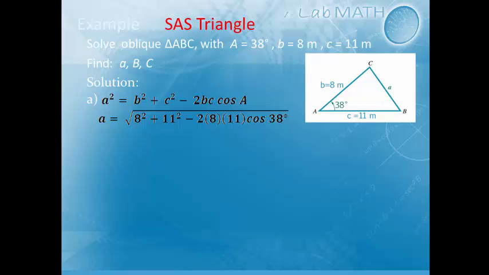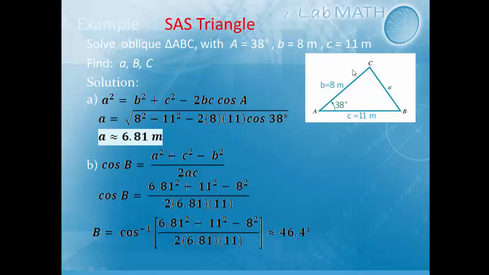So substituting here the values. You see you have two sides given and an included angle. We can look for the opposite side of the given angle. So using the cosine law, you can now substitute the values in the formula, and the opposite side is approximately 6.81 meters.